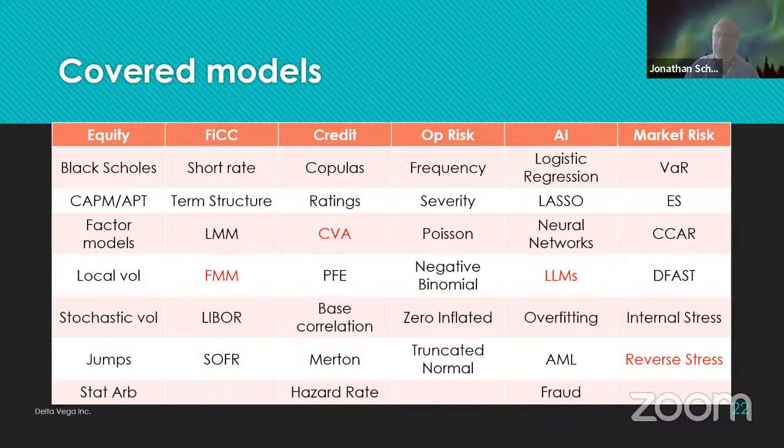When we talk about CVA, it's a common topic, but odds are most people will not immediately realize that the limitation on CVA is a situation where wrong way risk would obtain.